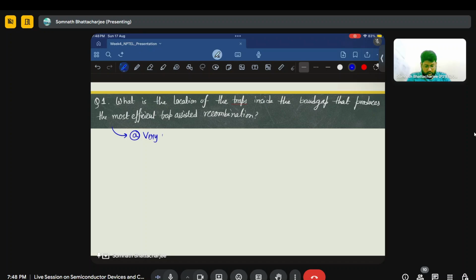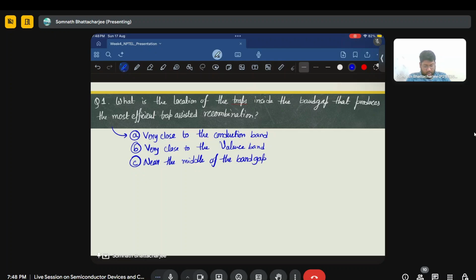So the options are: very close to the conduction band, very close to the valence band, near the middle of the band gap, and also it is dependent on the position of the traps inside the band gap.